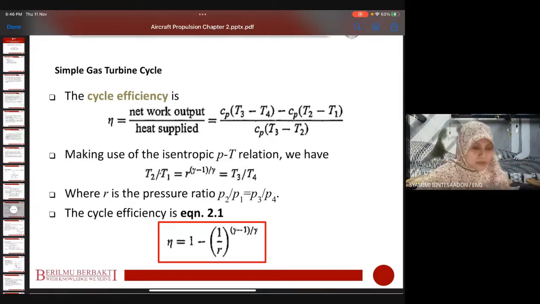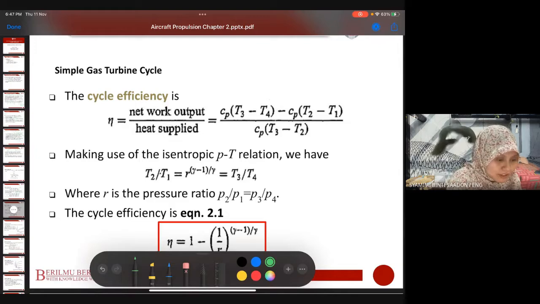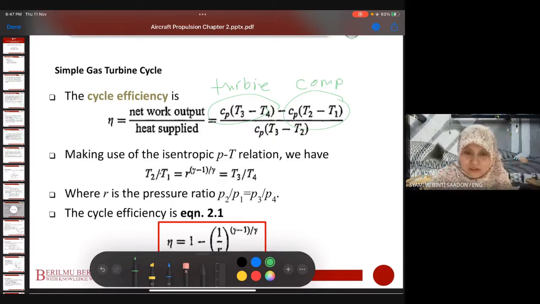So that's why we only have these 2 terms. This is from the turbine and this is from the compressor just now. So the energy balance, the energy from the turbine and the energy from the compressor, which is work here. There's no heat for turbine and compressor, only work.